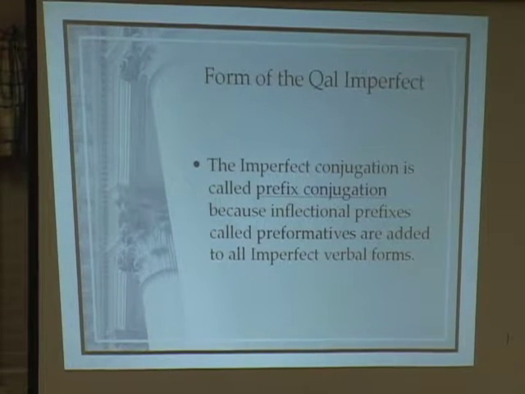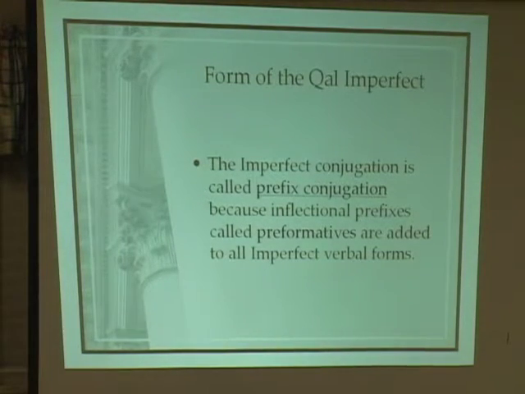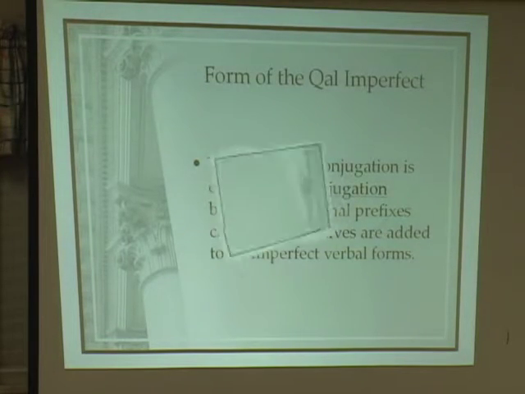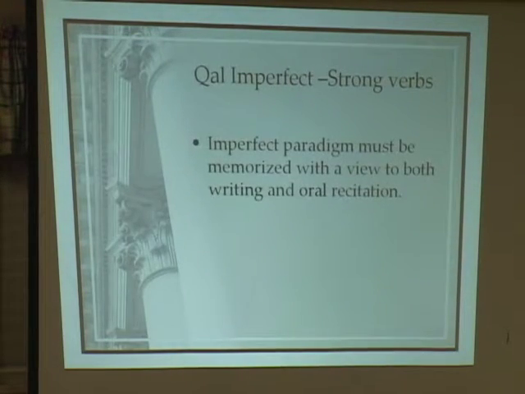It will actually be a little bit easier to identify the one from the other. These are called preformatives. Because they're preceding the verbal root, they'll be preformatives. And suffixes will be subformatives. So they are forming a word. They mean mainly changing the word by adding something to the front and to the end. Well, with the imperfect, we'll have both preformatives and subformatives. And we'll see the examples.